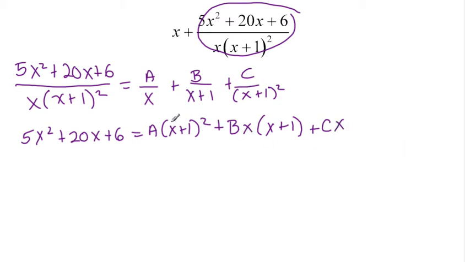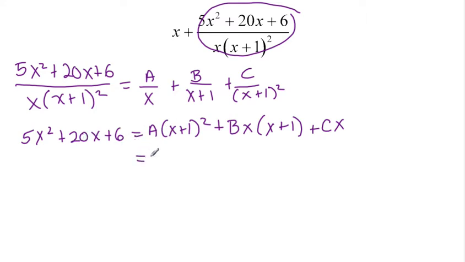Now, I am going to multiply this out so that I can figure out what coefficient should be equal to 5. When I find my x² term over here, the coefficient should be 5. When I find my x term, it should be 20, and the constant should be 6.